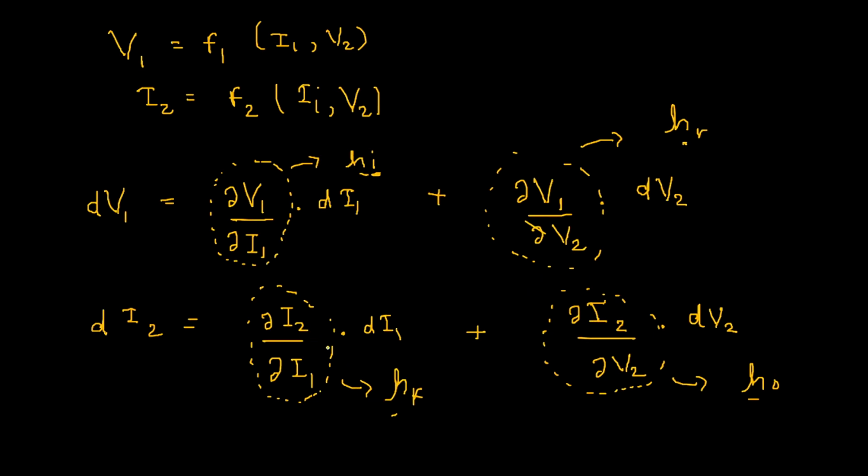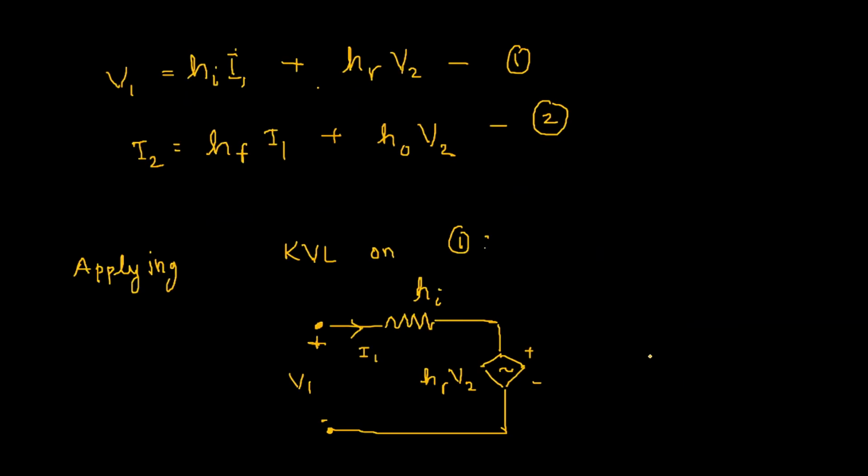And HF is forward current gain because I2 is the output current and I1 is the input current. And the final one, I2 by V2, is HO, and this HO means admittance because current by voltage is the reverse of impedance, which is admittance. So these hybrid parameters denote different values at different points.